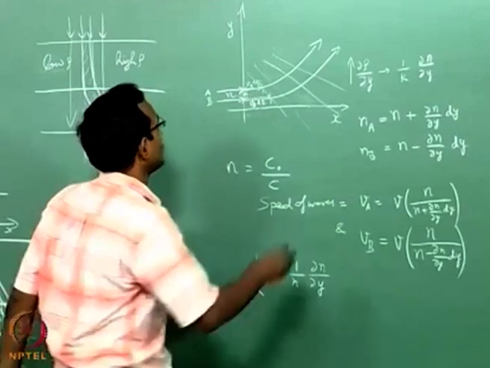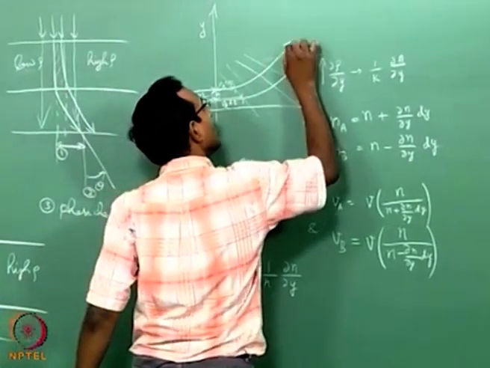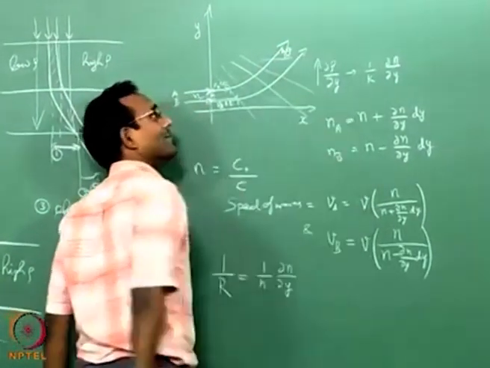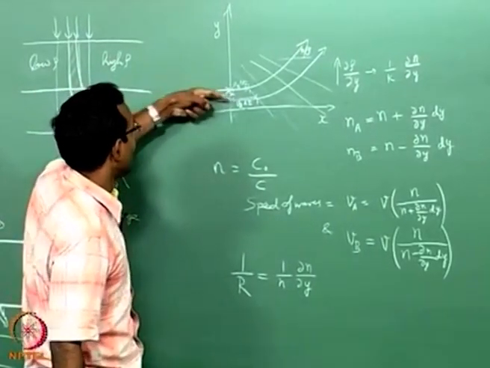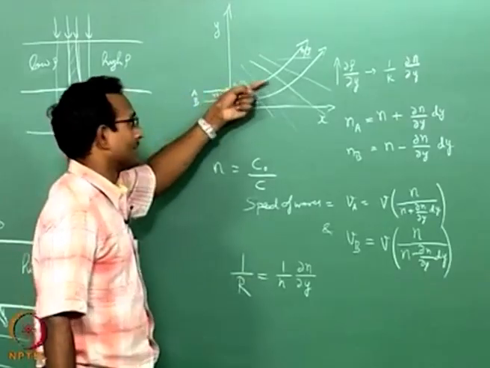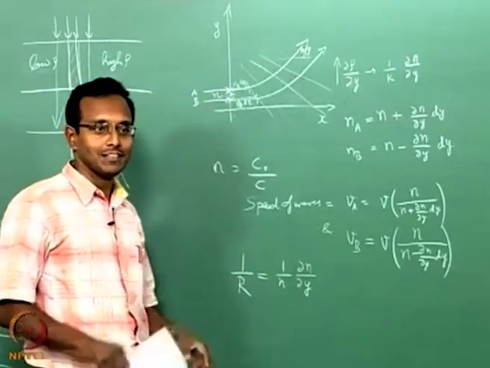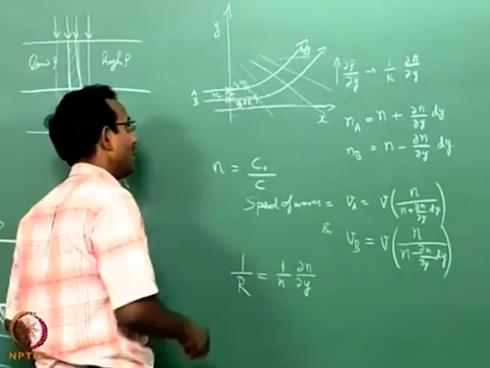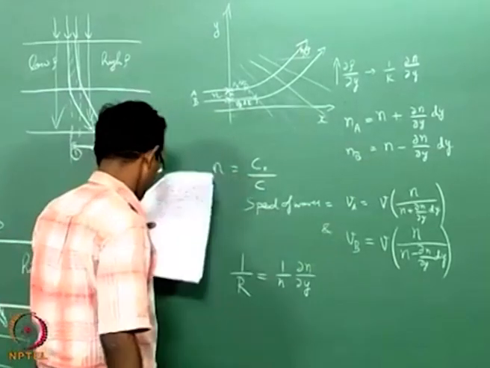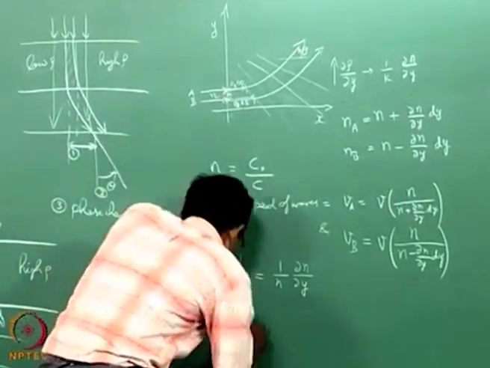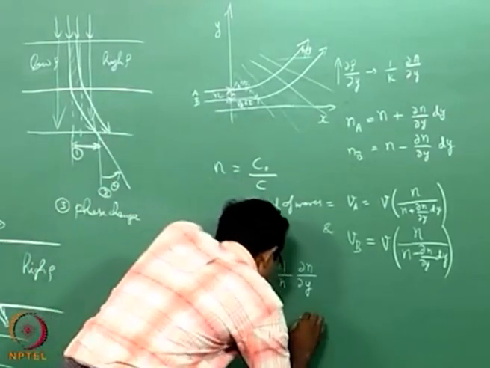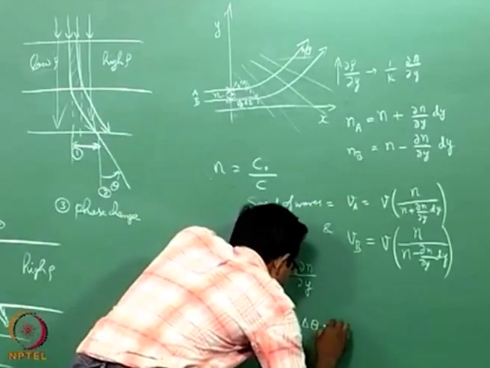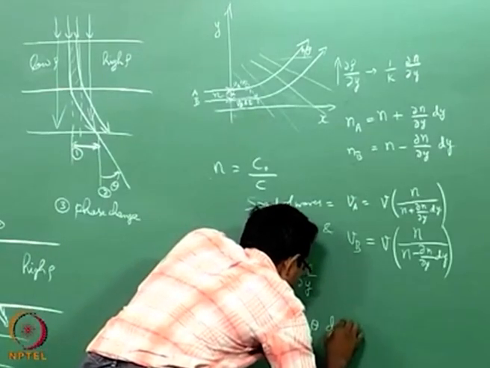Now I want to find the final deflection angle theta. How will I find that? I have to integrate each individual delta theta. Finally I will get the total theta integrated over all this x. So the net theta is equal to delta theta integrated in ds.